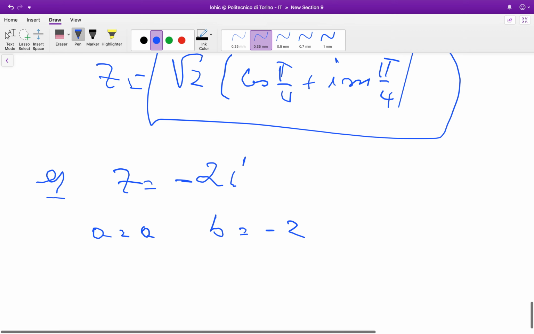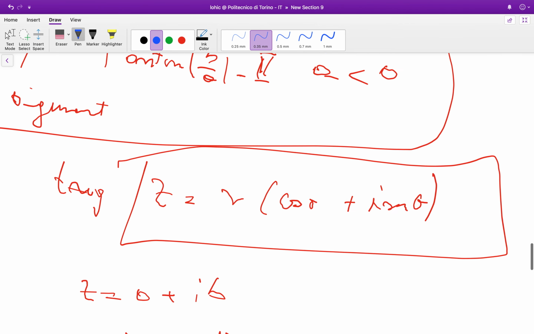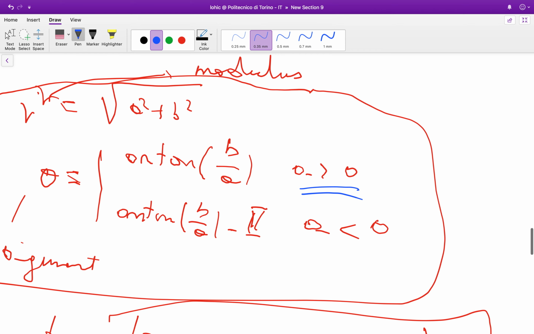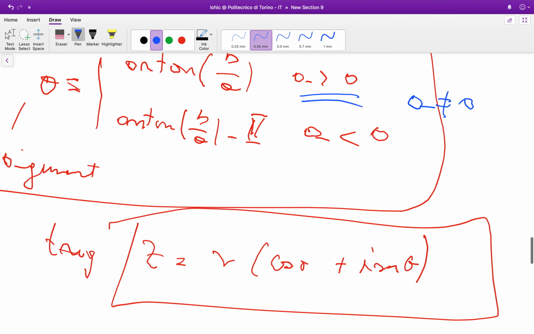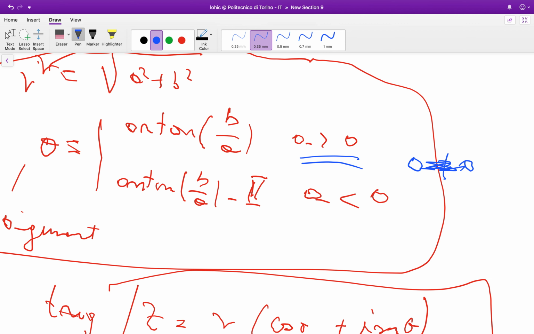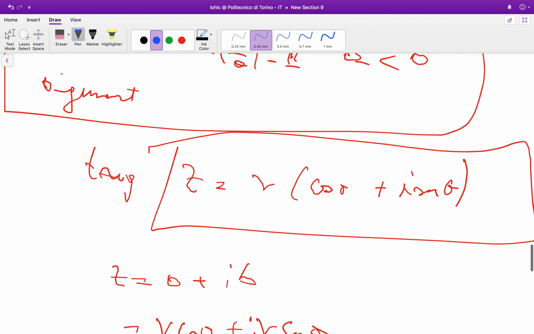Okay, I forgot to tell you about this formula: it works only when a is not 0. Excuse me, never mind, it works, because we can use infinity. Even when a is 0, it holds. So a is 0, is that clear?